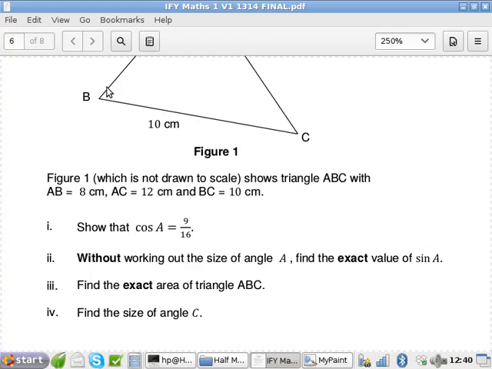You have an answer? What did you get? And what did you get? Okay. What way did you do it? You used the sine rule? Yeah? Okay. Right, let's have a look at it now.